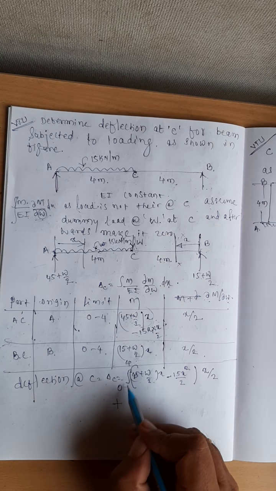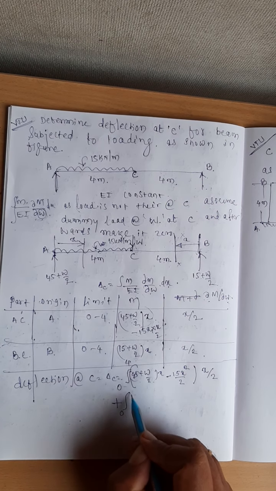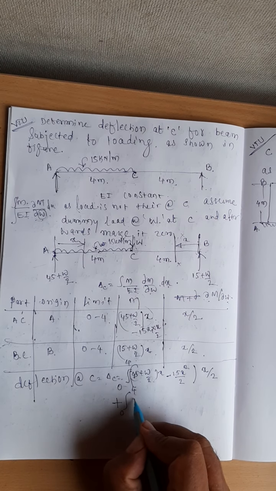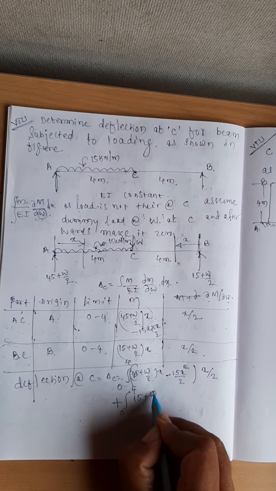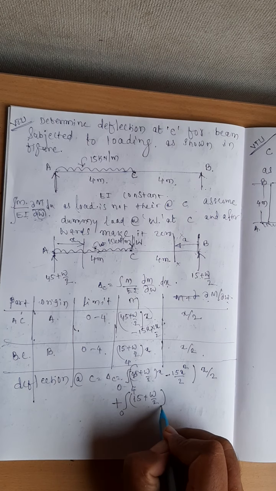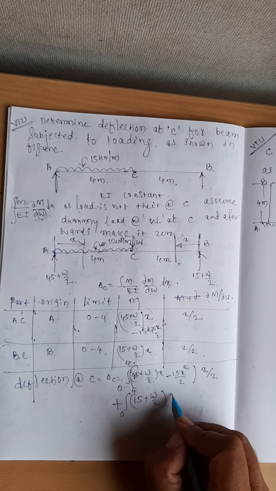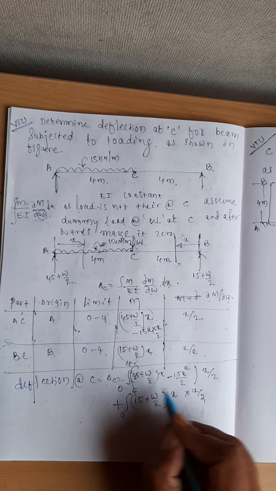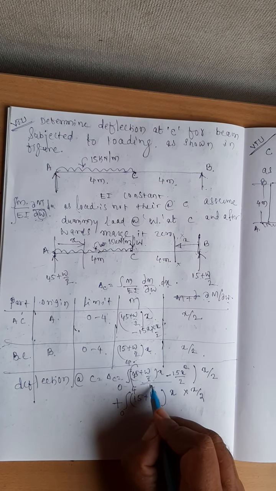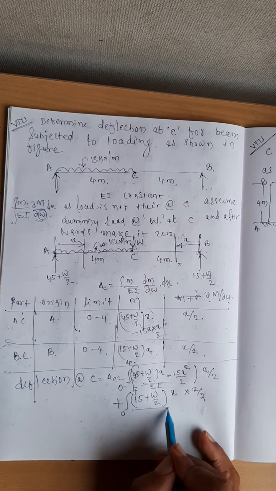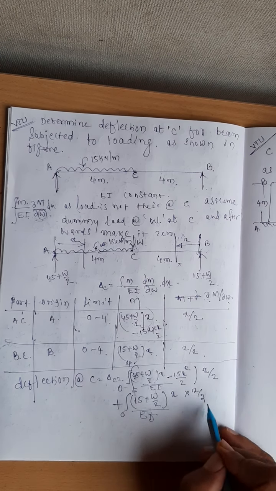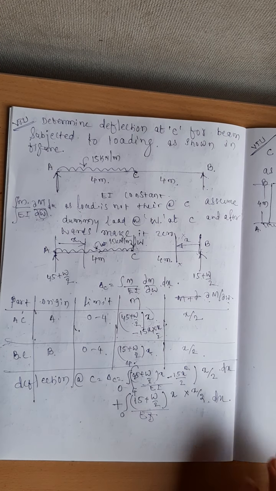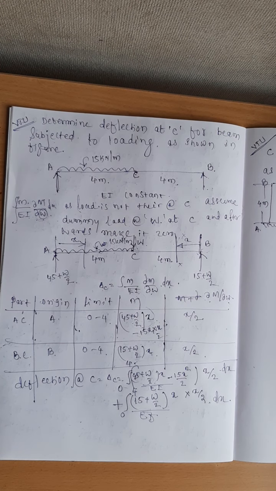go for the next part, integral from 0 to 4, this term 15 plus W by 2 into X divided by 2 over EI into dx.